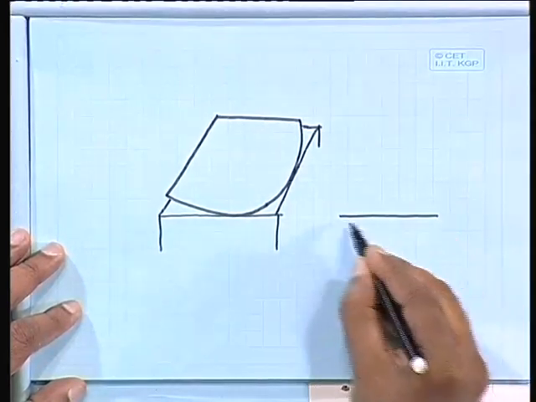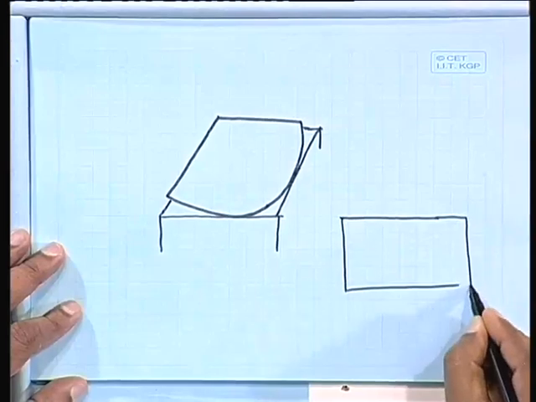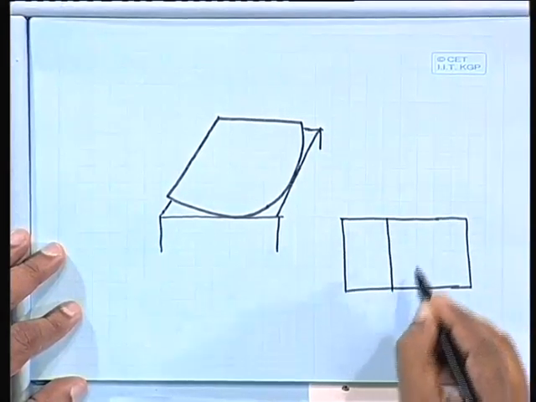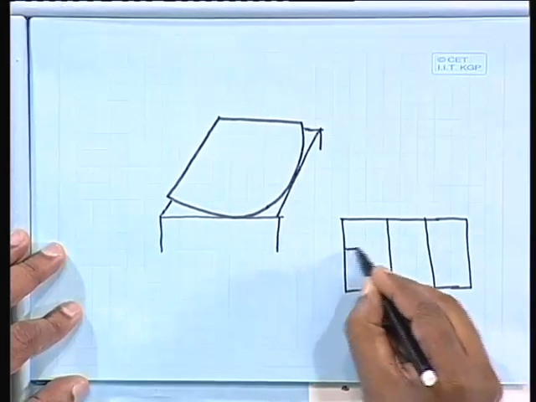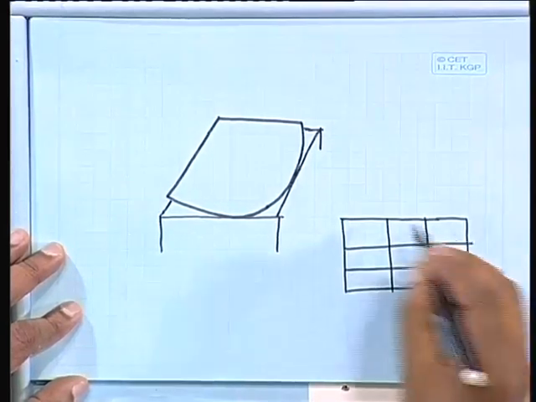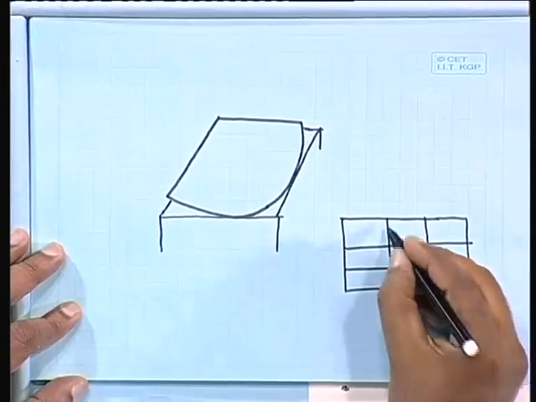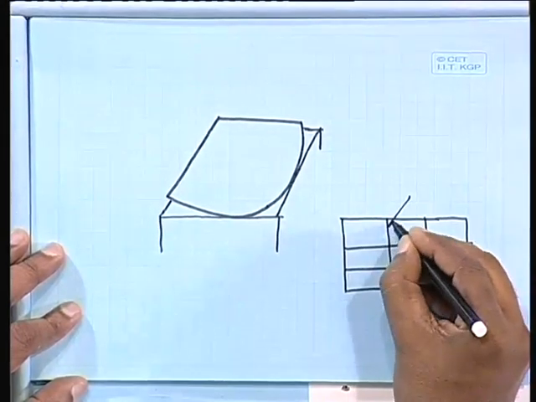It may happen, say something like this, that this is your panel, let us say, and we are providing different beams. So, this I am talking about plan, and these are all beams.